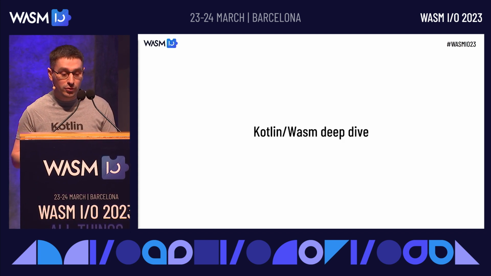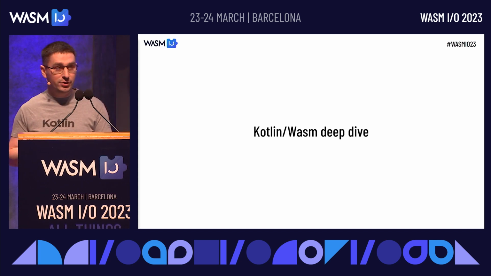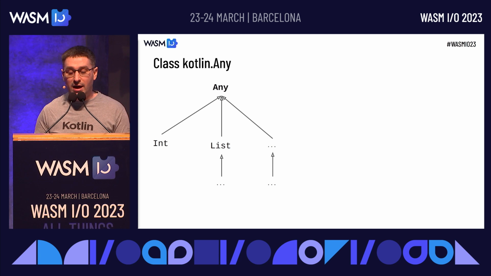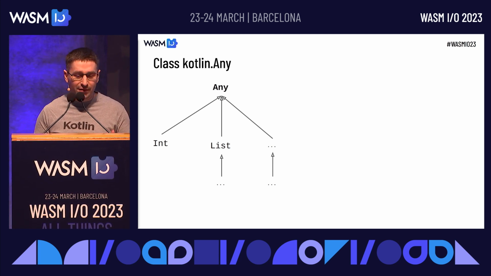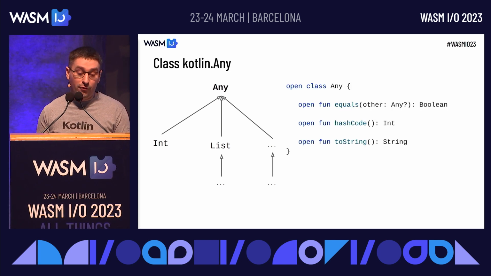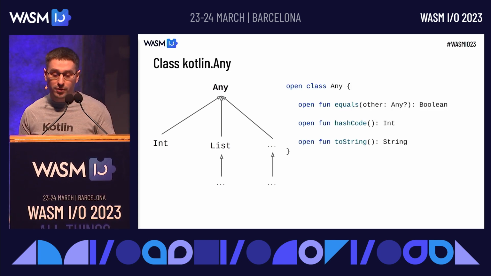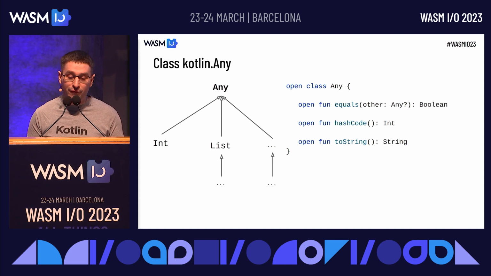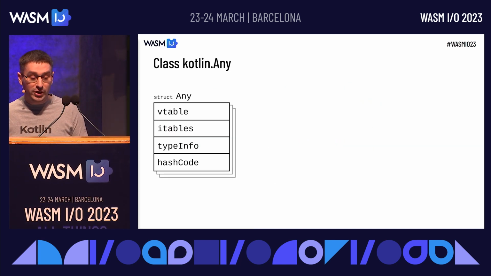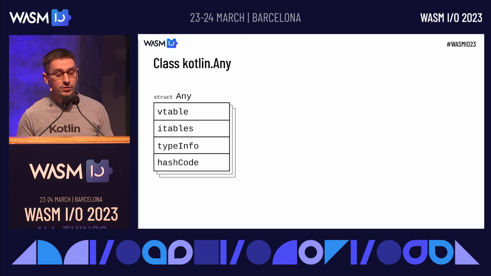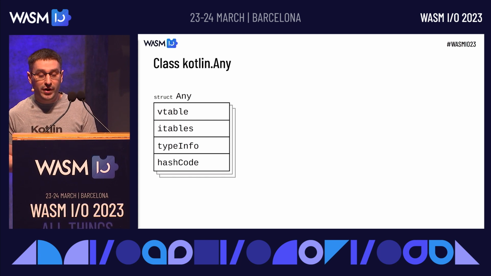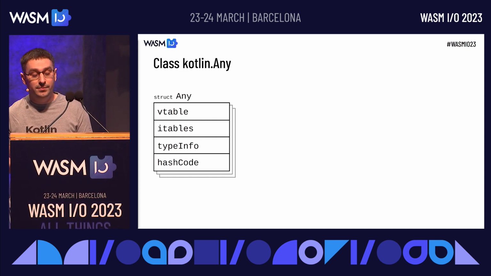Let's take a deep look at some Kotlin Wasm implementation details. We start from Kotlin Any. It's a base type for everything in Kotlin, something like Java Lang Object, but better. From the Kotlin developer's point of view, it's only 3 functions and no fields. But actually, in terms of Wasm, it is a structure with 4 fields, so every instance of Any has these 4 fields.